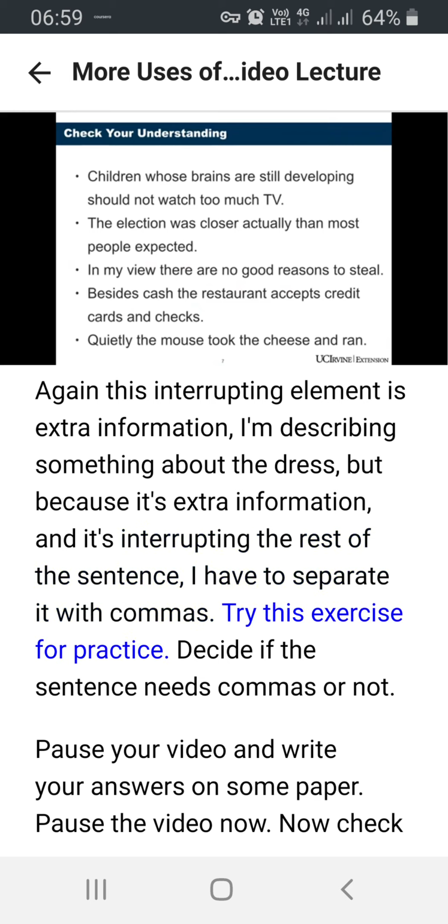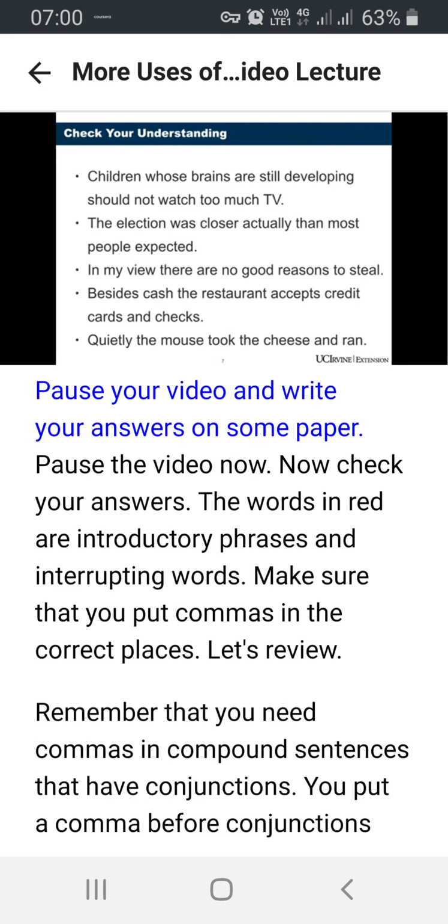Try this exercise for practice. Decide if the sentence needs commas or not. Pause the video and write your answers on some paper. Pause the video now.